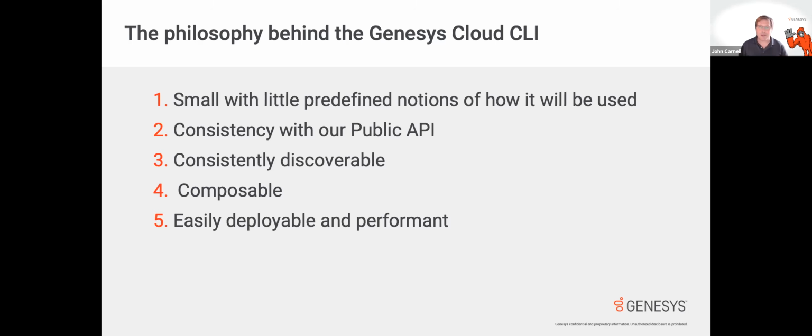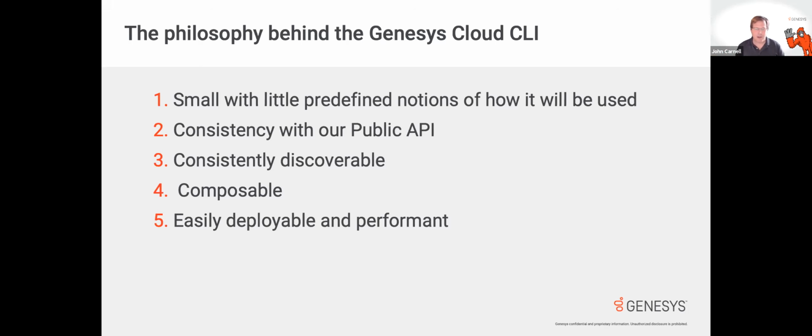I often use it to very quickly poke different parts of our API. So when we say we're consistent with our public API, it also means we try to avoid changing or manipulating any of the JSON data that's being sent to our public API, or any of our data that's coming back from our public API.